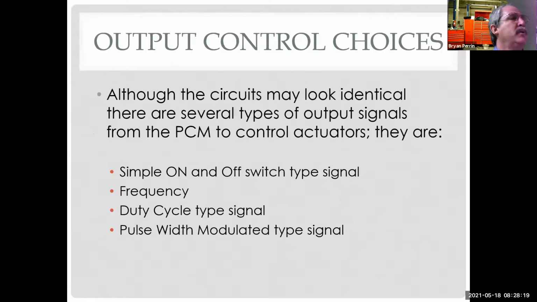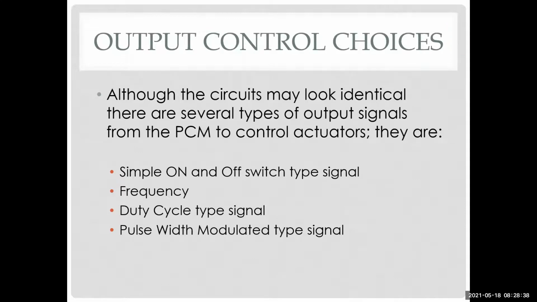Although the circuits may look identical, there are several types of output signals from the PCM to control actuators. Any actuator is going to be connected to either power or ground, and the other wire of the actuator is going to be connected to a module.